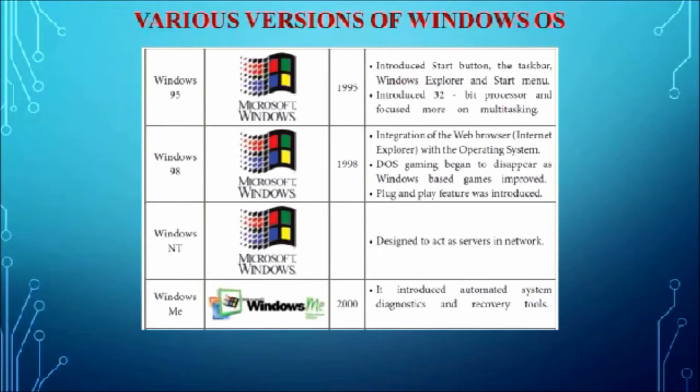The specific feature of this operating system is that it introduced automatic system recovery, that is, diagnostic and recovery tools, which enable the user to solve any problem in the operating system. So it automatically corrects the problems in this version of Windows.